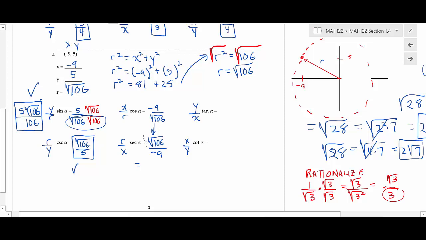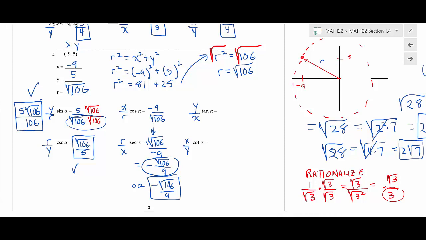If you have a positive divided by a negative, you have a negative answer. So you could write it as negative in front of the fraction bar over 9, or I don't care if you write it as negative square root of 106 over 9. It's just preference. It's not wrong to write negative 9 in the denominator, it's just preferred that you don't.